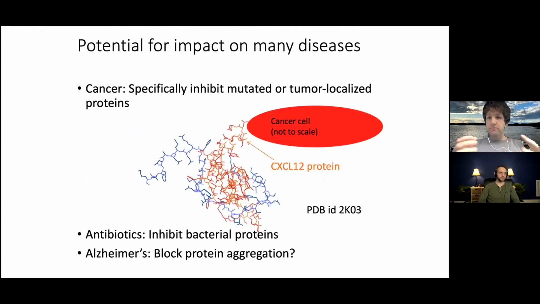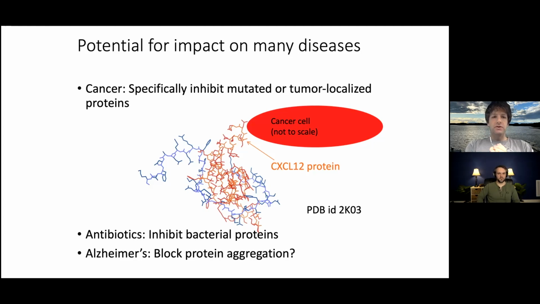So if you can do these bigger searches and figure out the molecules that will best interact with and block the protein you want to block or inhibit, there's the potential for impact on many diseases. And this general approach, even with smaller chemical spaces, has already been tremendously impactful and behind so many of our advances in medicine recently.